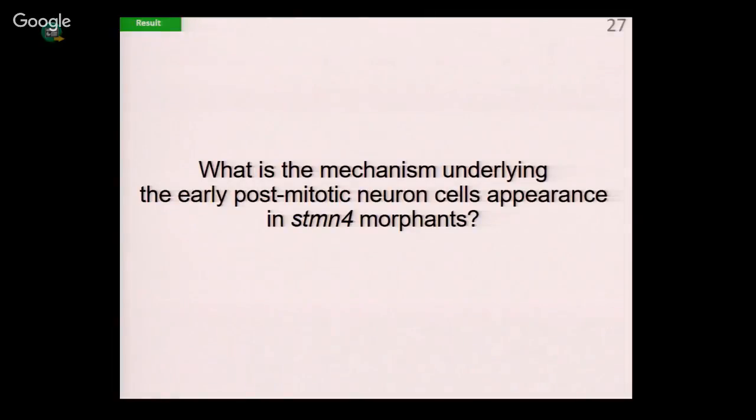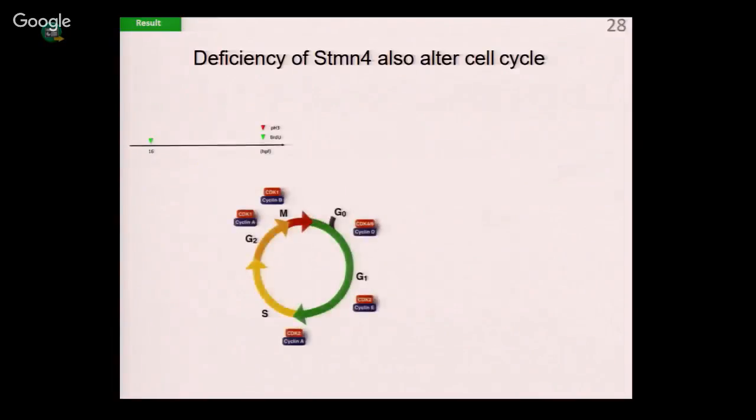So we should notice that both the deficiency and overexpression of STEM4 lead to precocious neurogenesis. Then the authors wanted to know the mechanism underlying the early appearance of post-mitotic neuron cells in the STEM4 experiments.